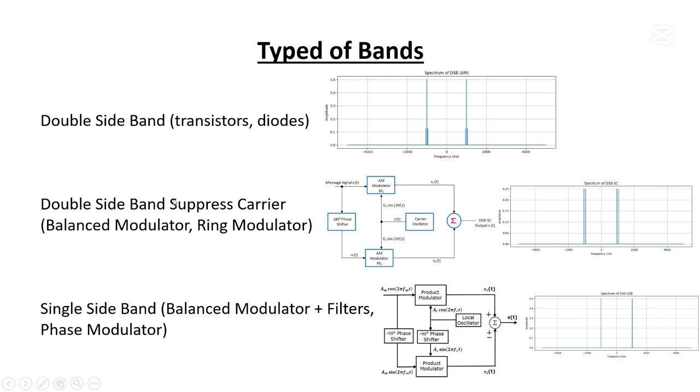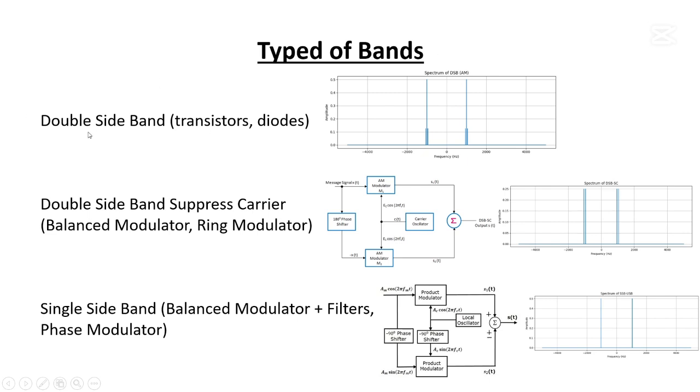All right. Now, if you want to produce double sideband with suppressed carrier, how can you do this? This is a block diagram of the production of double sideband suppressed carrier. You have to use the AM modulator. What is an AM modulator? An AM modulator is actually a double sideband producer.